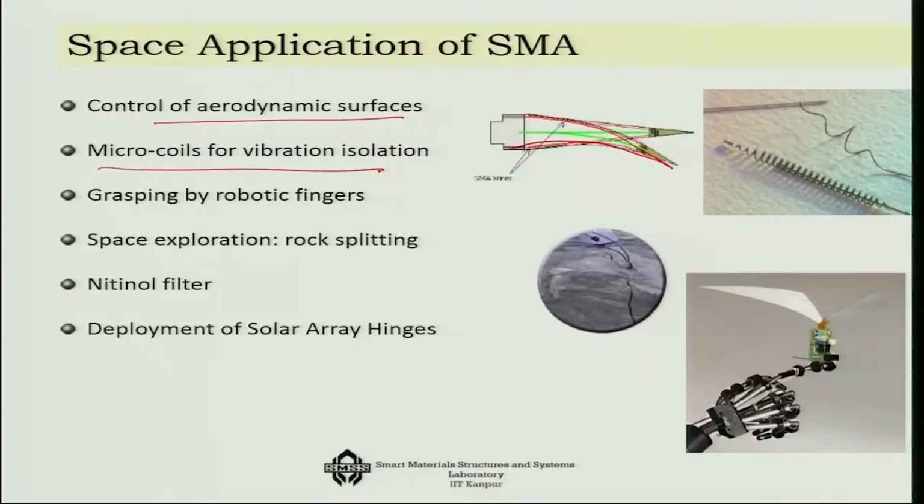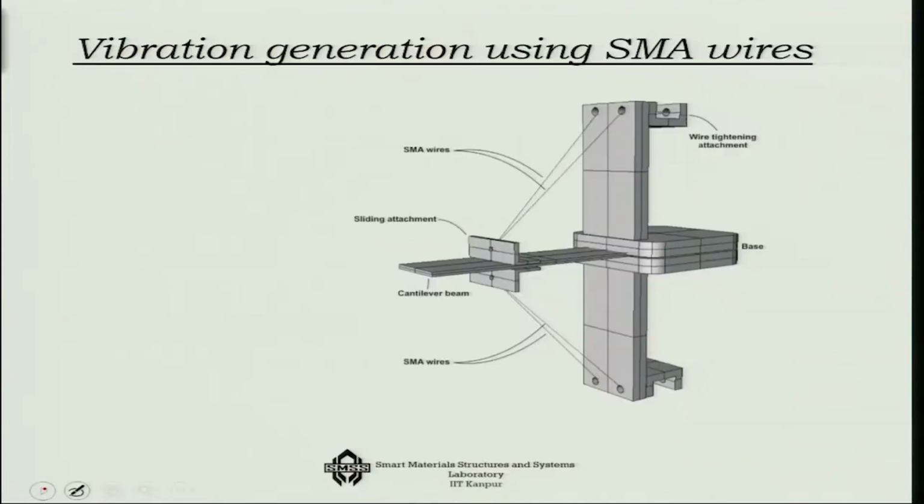Microcoils for vibration isolation or grasping by robotic fingers, that is also done. Space exploration or rockets, rock splitting. Then development of nitinol filters or deployment of solar array hinges. There are many applications, particularly space applications of SMA.